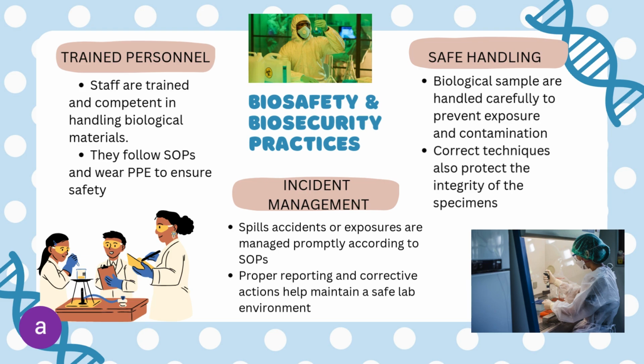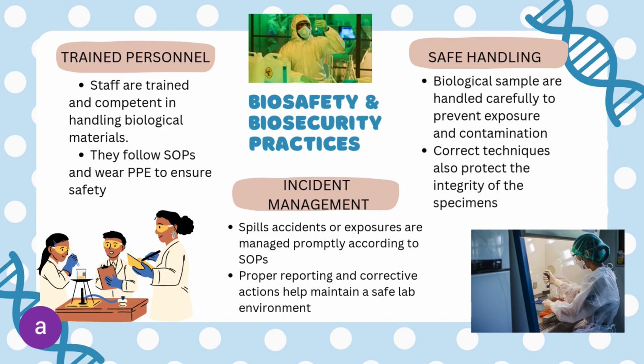First, all personnel are properly trained and competent. They understand the risks of handling biological materials, strictly follow standard operating procedures, and wear appropriate personal protective equipment to ensure safety. Second, all biological specimens and microorganisms are handled safely using proper techniques.